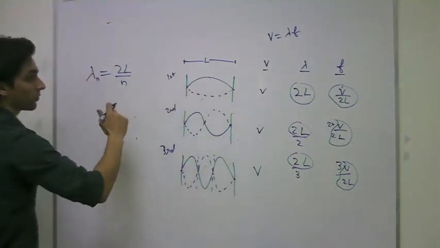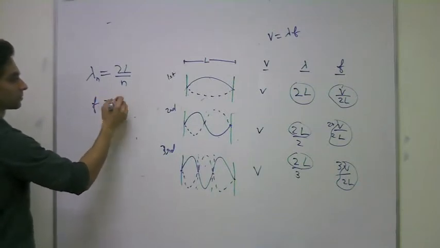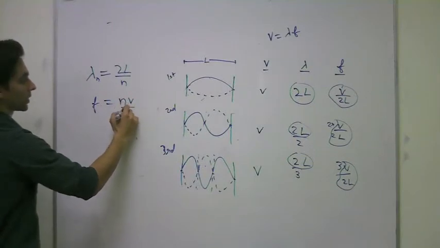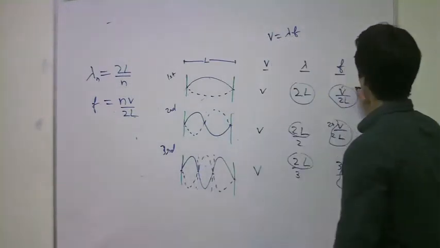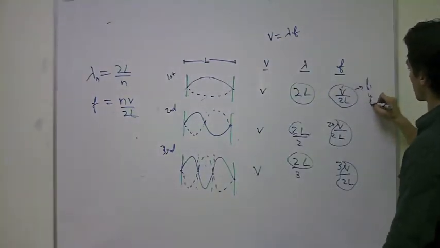And a general formula for f then would be n times V over 2L. Okay? And also this frequency here is called the fundamental frequency.